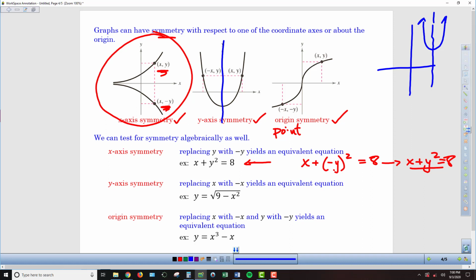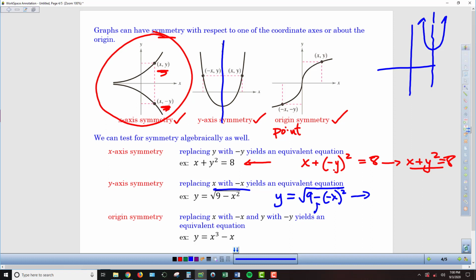Just like with x-axis symmetry, we have an algebraic test that we can use, and it's just the opposite. If I can replace x with negative x in my equation and end up back where I started with my original equation, then that's an indication that I have y-axis symmetry. We can see that here as well. If I stay with y equals the square root of 9 minus negative x squared, now when I square negative x, I get negative x times negative x equals positive x squared, but I'm still subtracting it here.